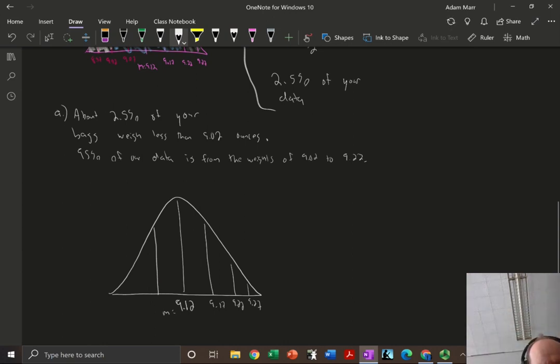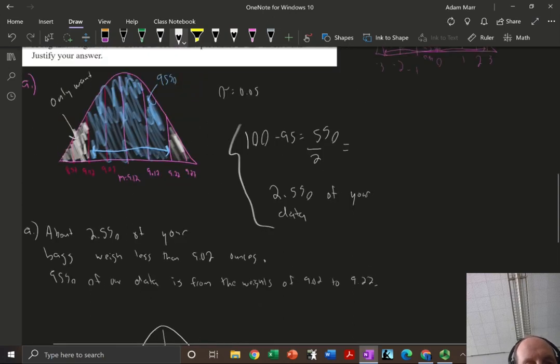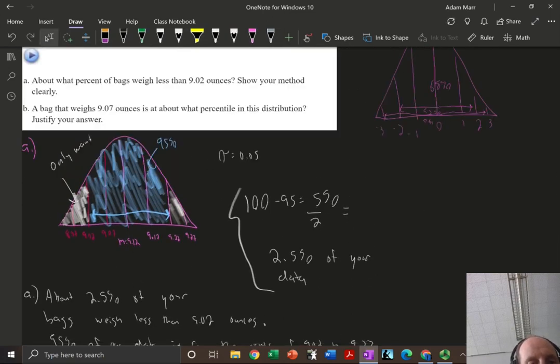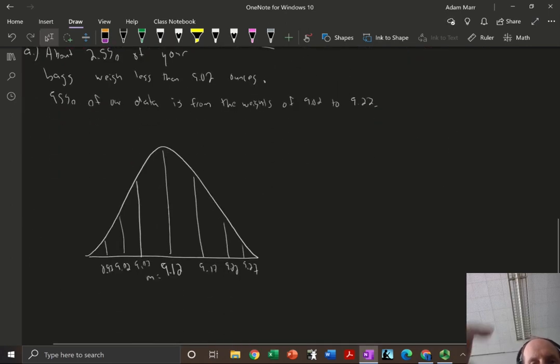And then down here we had 9.07, 9.02, and finally 8.97. So this specifically asks, a bag that weighs 9.07 ounces is about what percentile in this distribution.